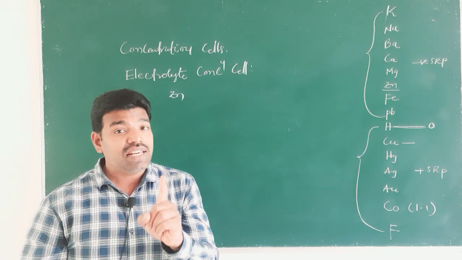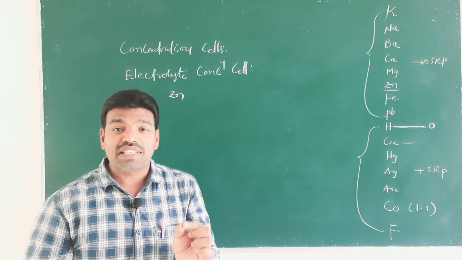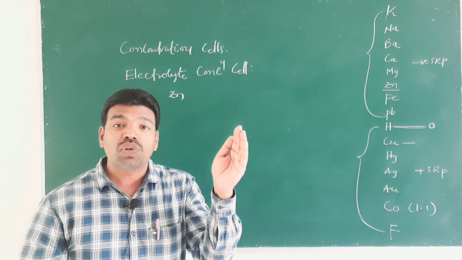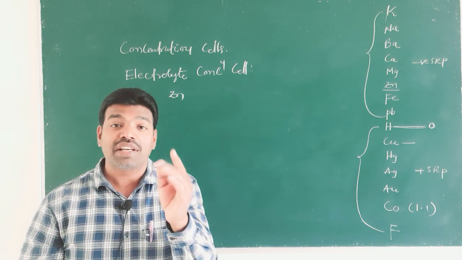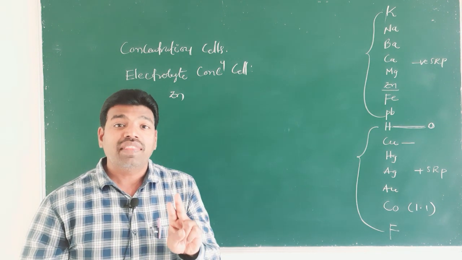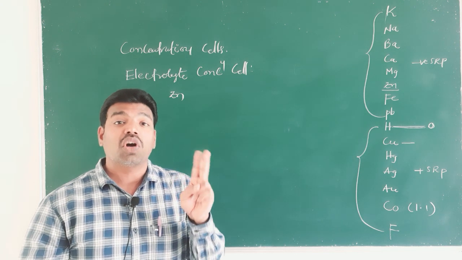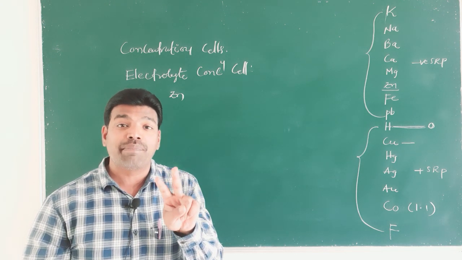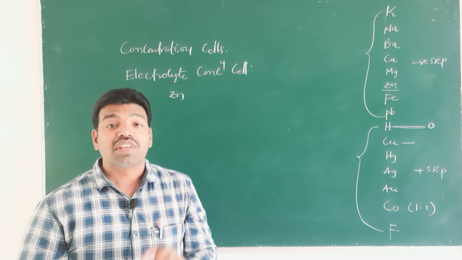Initially the EMF of the cell is high, gradually the EMF of the cell goes on decreasing and reaches 0. When the two different concentrations of the same electrolyte become equal, then the EMF of this cell becomes 0.